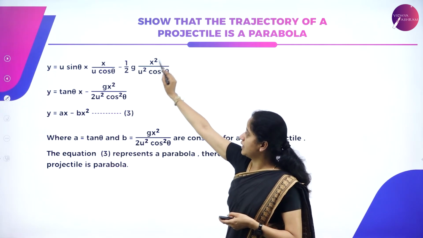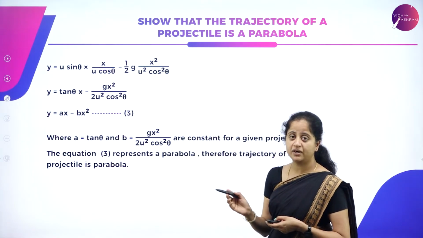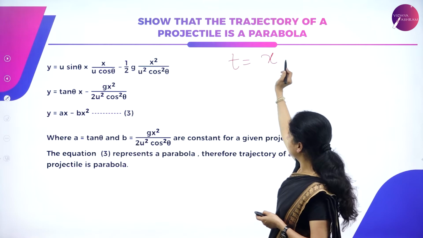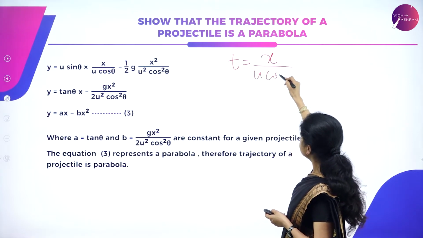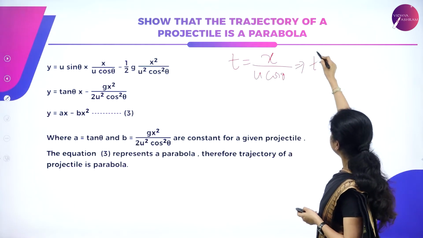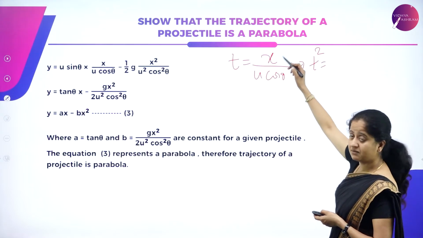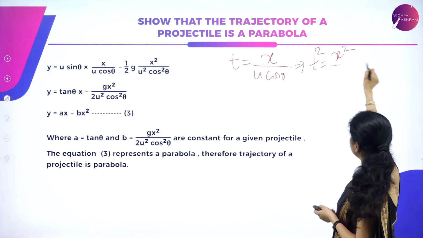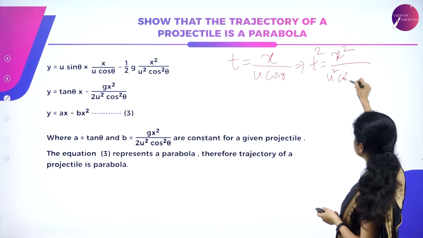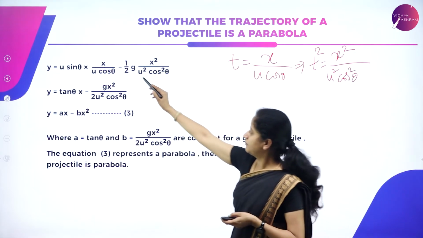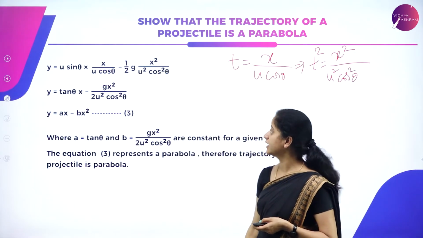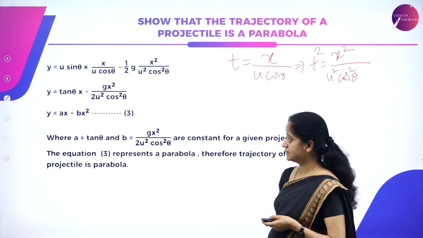So, we get x square divided by u square cos square theta. Since t is equal to x divided by u cos theta, we need the value of t square, so this entire term becomes squared and we will get x square divided by u square cos square theta. So we get minus half g into x square divided by u square cos square theta.